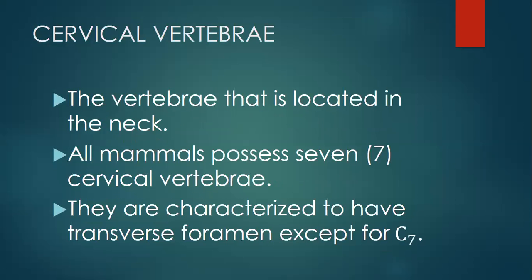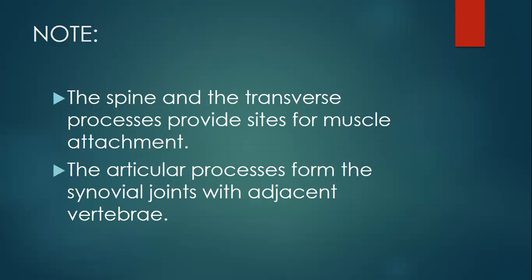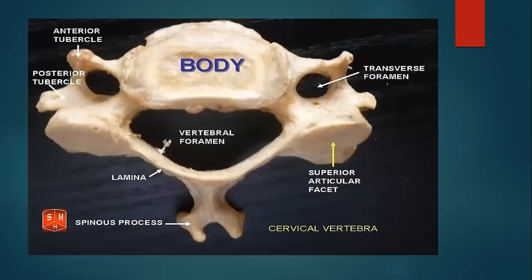So we'll start with the cervical vertebrae. This is the one located on the neck, and all mammals, whether it's a mouse or a giraffe or a whale, have 7 cervical vertebrae. They're characterized by having transverse foramina except for C7. So we'll go back to the previous one. This is a cervical vertebra.